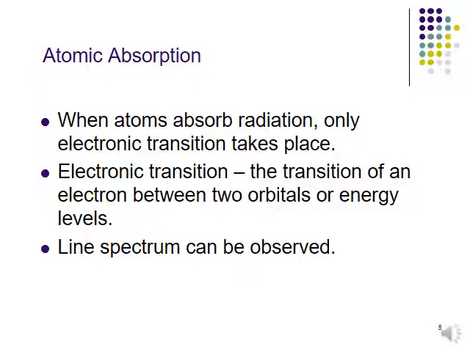By the time the electron goes from the higher energy to the lower energy level, it can emit what we call a photon. So in this case, when we talk about the absorption of energy, a line spectrum can be observed.